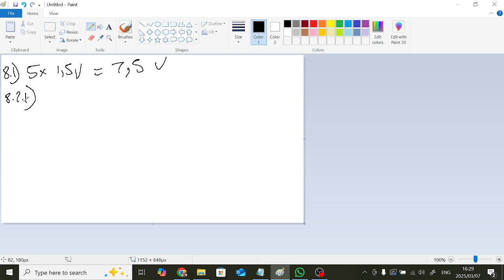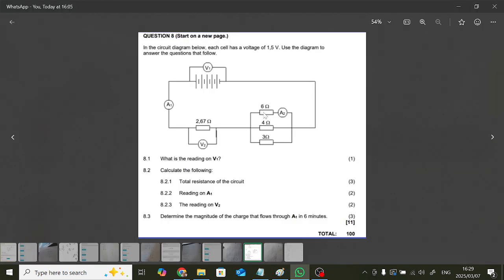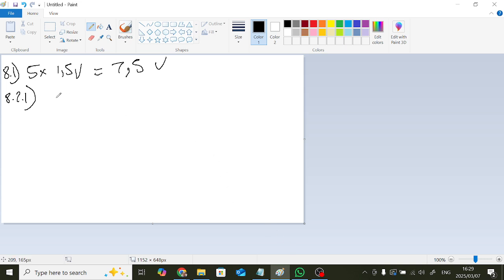Okay, so let me just check here quickly. So it's 6, 4, and 3. So in the parallel resistors, 1 over RT is going to be equal to 1 over R1 plus 1 over R2 plus 1 over R3, right?